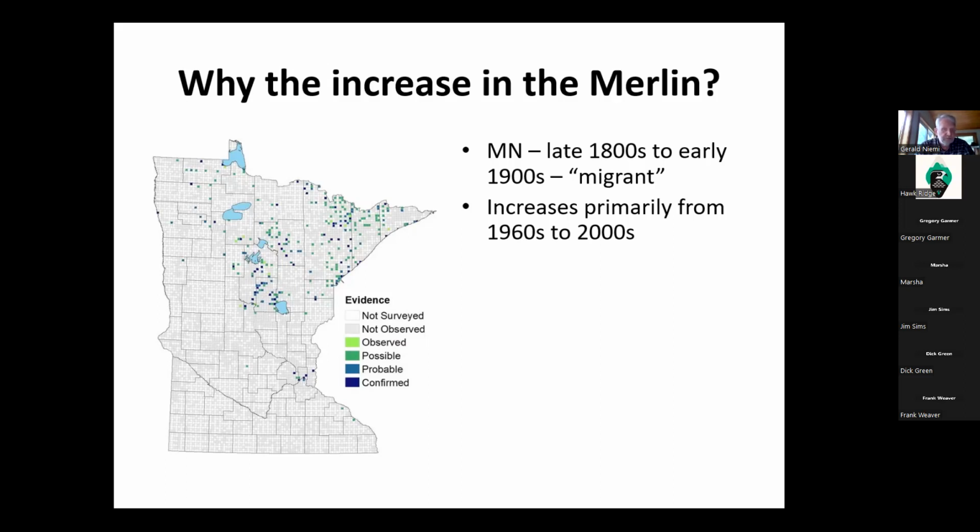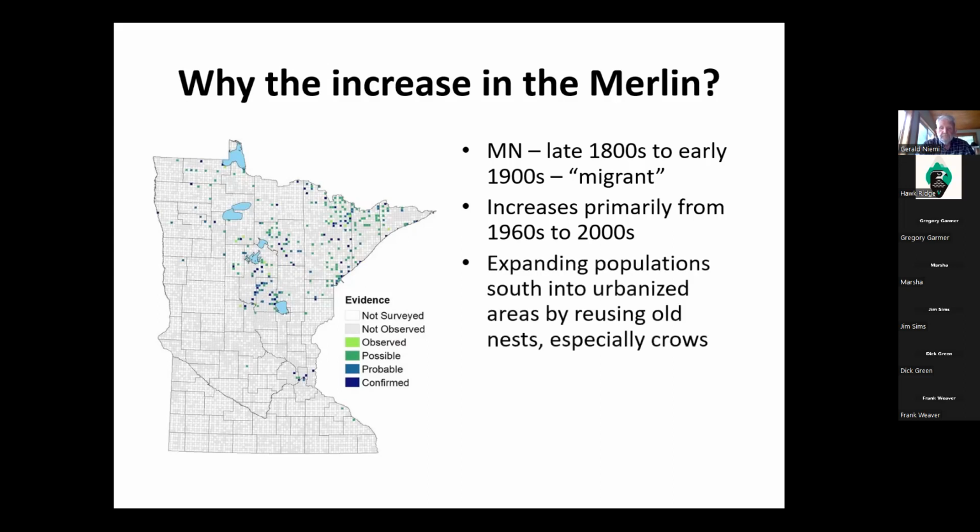So this is a relatively recent increase and primarily occurred from the beginning of the 1960s to the 2000s. The species has been expanding south into urbanized areas by reusing old nests, especially old crow nests. They're not much of a nest builder, so they use other species, especially some of the larger species, for nesting sites.